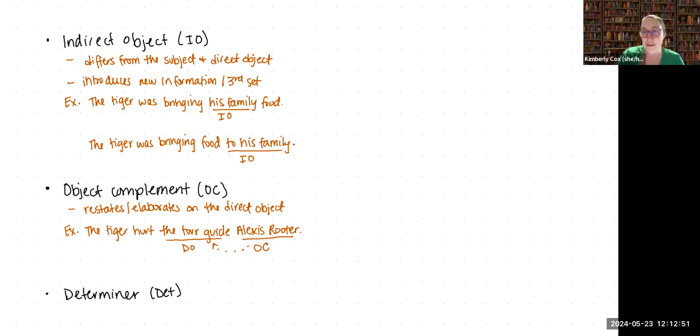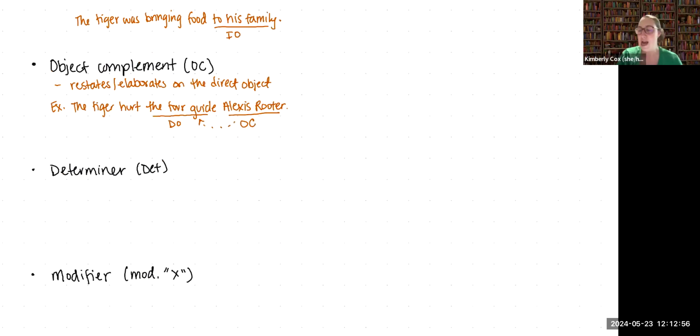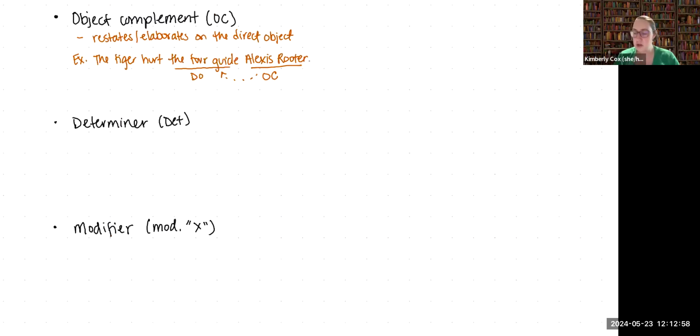Now I want to get into some of the like nitty-gritty specifics, so like smaller parts of sentences. So determiners are a really interesting set of words, and I guarantee you have heard them before, but we're going to talk about them just briefly. So determiners qualify the main noun in a noun phrase. Okay.